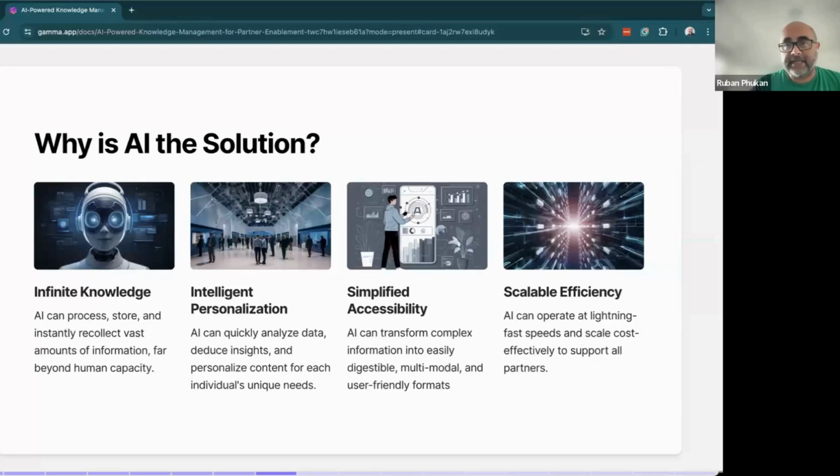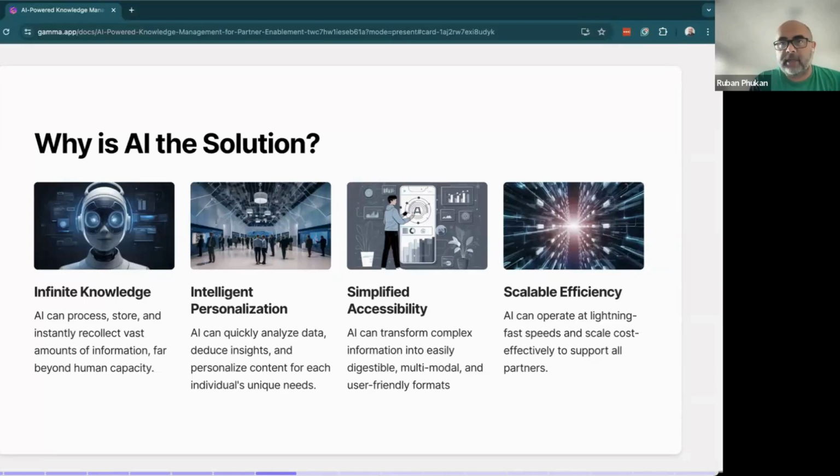The second is that it can intelligently personalize information given a single source of content. It can generate very use case centric personalization from a single source, and it's able to do that at scale, at an incredible level of efficiency. AI can also simplify accessibility, where it can translate complex pieces of information into more digestible pieces based on the proficiency level of the end user.